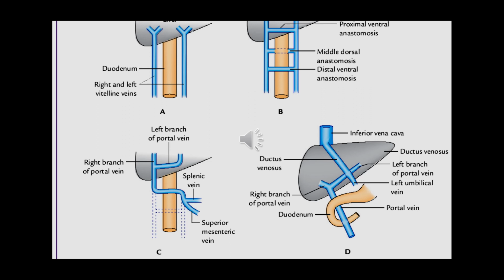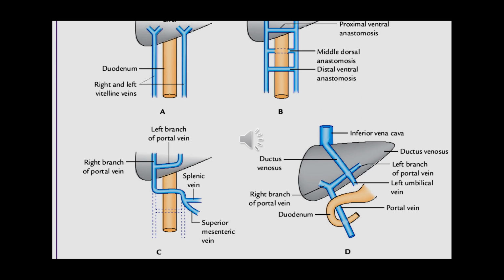If you see this diagram, A is showing the situation of the vitelline veins on either side of the developing duodenum, and they move on cranially and enter the liver and will divide into two, both of them.